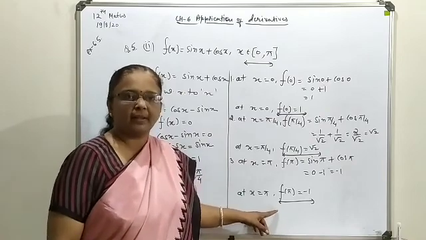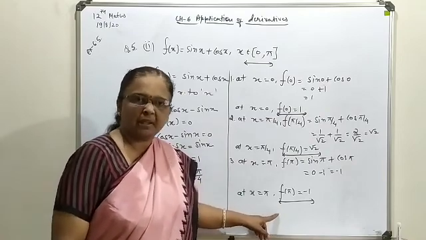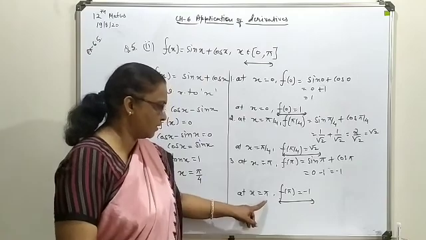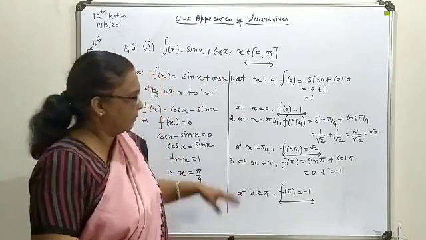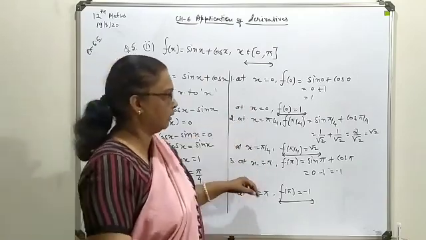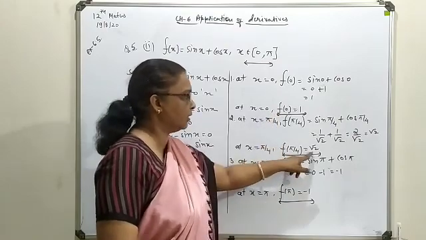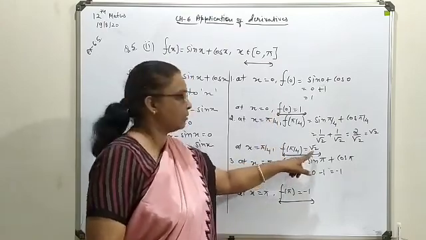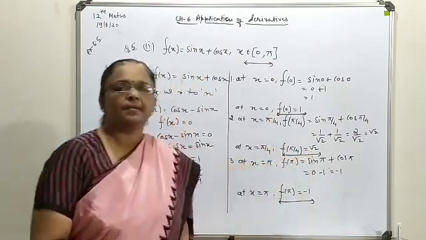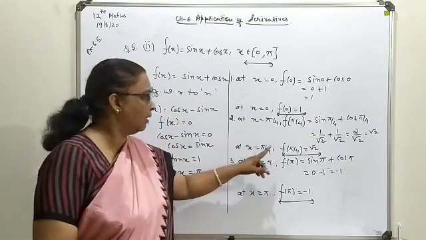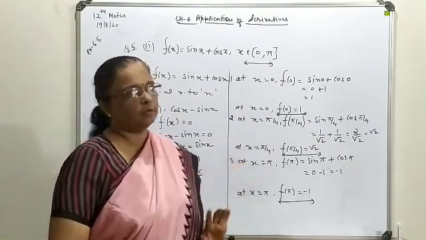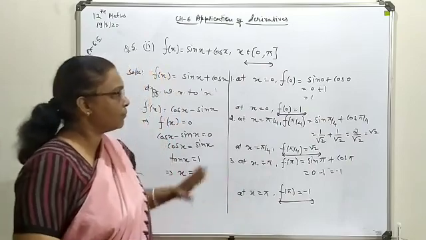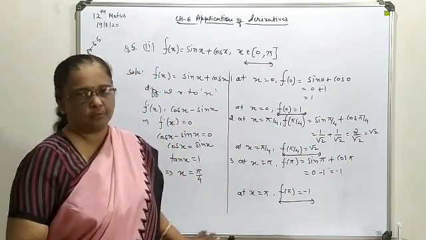So it will be called the absolute minimum value at x equal to pi. And among the other two, root 2 has the greater value. So under root 2 will be considered the absolute maxima at x equal to pi by 4. This way absolute solutions are to be listed out.